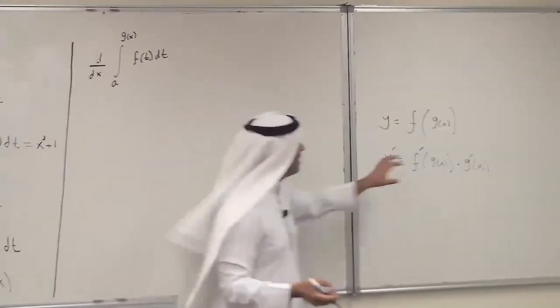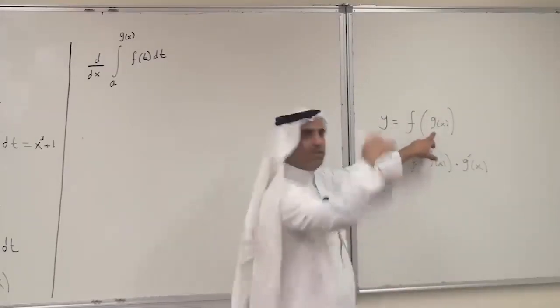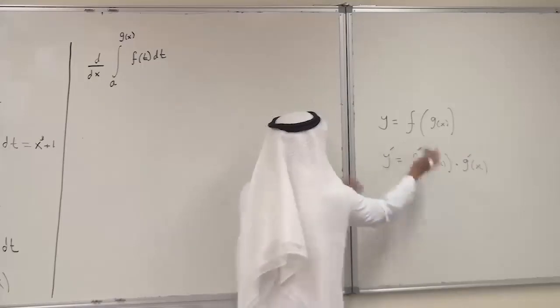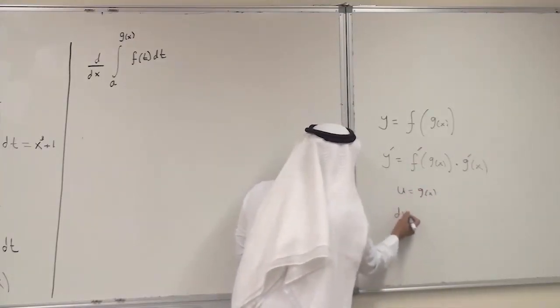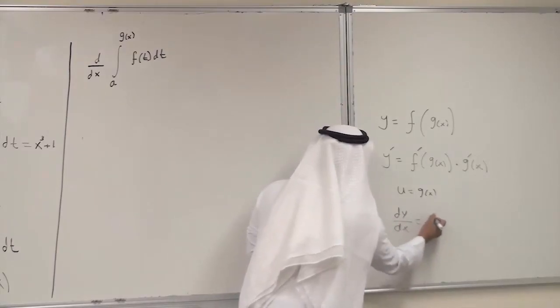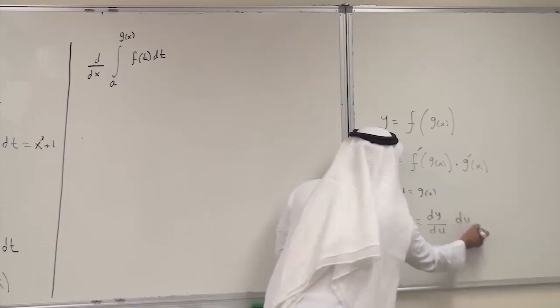It's like we are making this equal to u. So we have y as a function of u and u as a function of x. In another form, we can let u equal g of x, and we say dy by dx is equal to dy by du times du by dx.